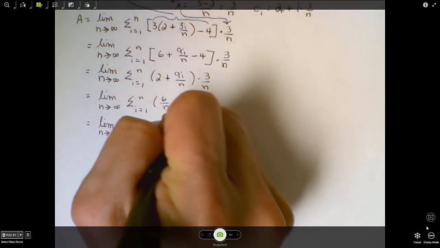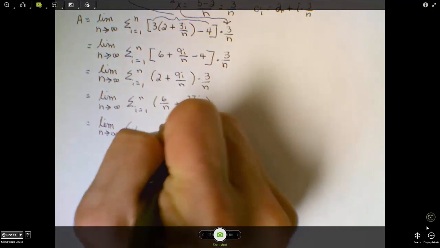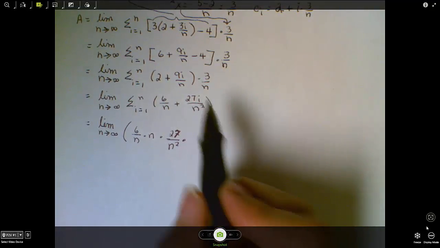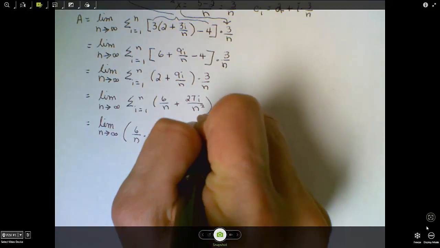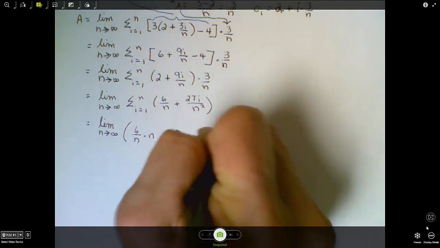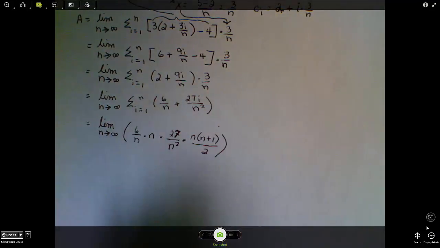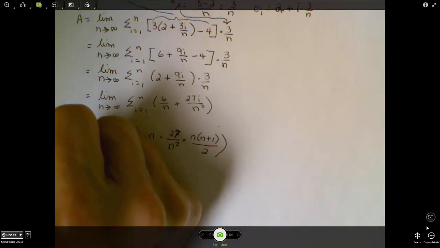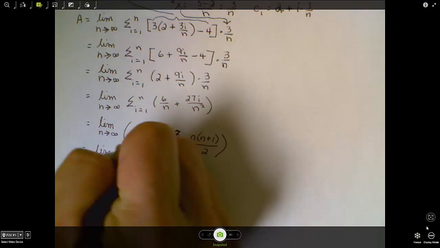And the sum of a constant times i from i equals 1 to n is n times n plus 1 over 2. So I'm through with the summation notation, but now I have some more stuff to clean up before I take the limit. That's the limit as n goes to infinity.